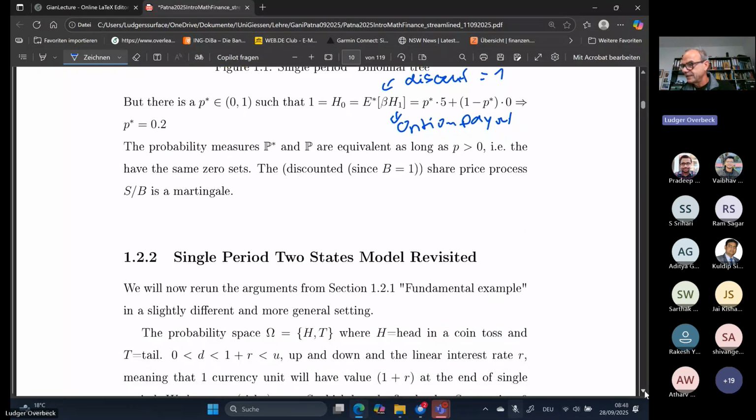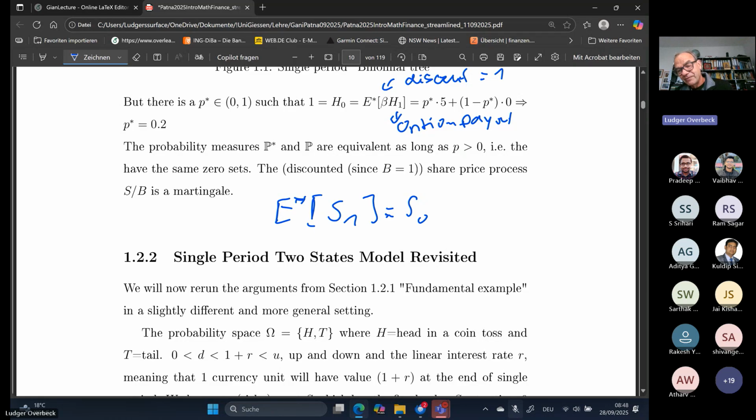This means, if you recalculate it, the expectation under P star of S1 equals S0. If you do the calculation, which we will later do in the tutorial, you see that it's a martingale. So on average, the discounted price, we don't discount because we have no interest rate, but you can interpret it so.